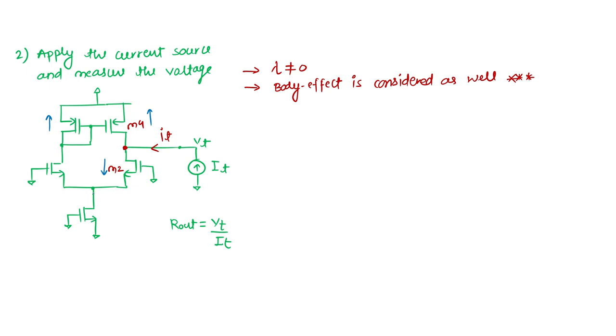This side current has two paths from this node. Let this node be called X. This is one path and this is the second path. So what do you think, exactly, the current generated in M2 will go on which side? If we see, the effective looking up impedance for the transistor M1 is much lesser than the looking down impedance of transistor M0.